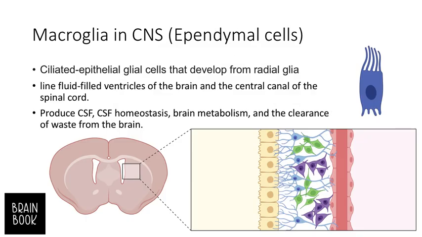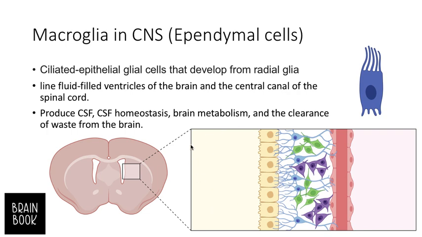Another group of macroglia in the CNS are called ependymal cells. Here you can see ependymal cells with the different cilia, and they are ciliated epithelial glial cells developed from radial glia, and they cover the fluid-filled ventricle.